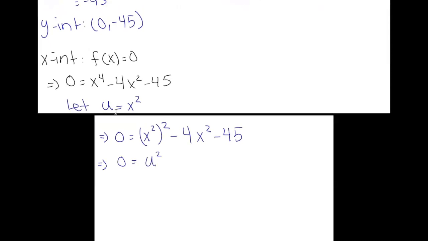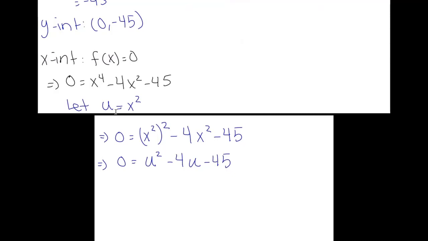So I like to let u be x squared. Then we have 0 equals x to the 4th, which is now x squared squared, minus 4 times x squared minus 45. But I can substitute in u being x squared. So this is really u squared minus 4u minus 45.